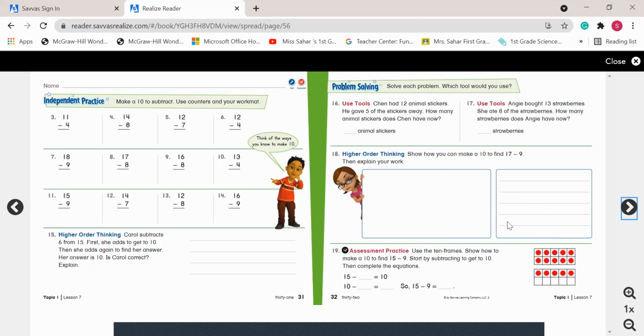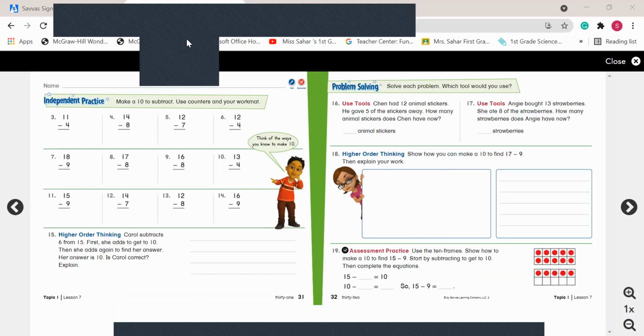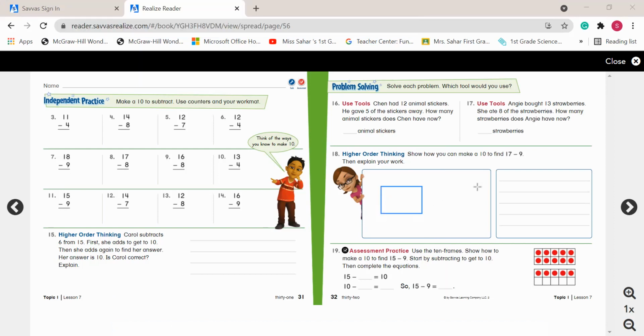Let me see if I draw. Let's see your 10 frame.